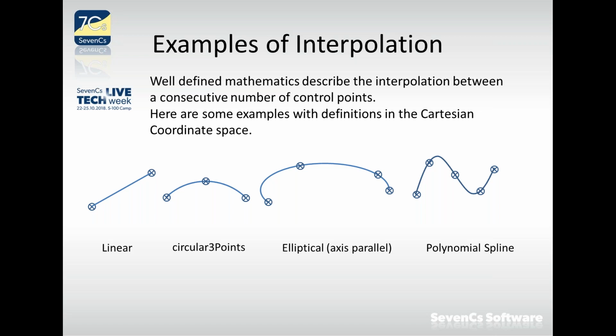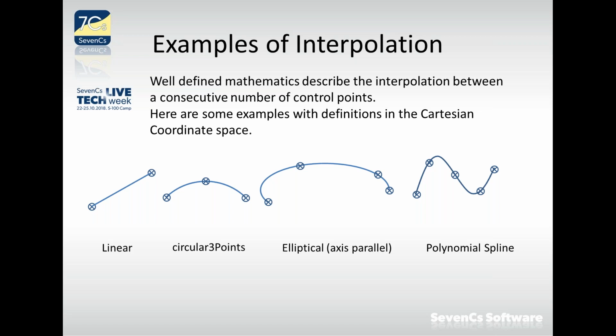In the first example, we have linear interpolation. That's relatively easy, and most people think about this when they think about interpolation, but that's not all. Another method is this circular 3 points interpolation, which means if you have 3 control points, they're defining unambiguously a circle. The next one is an elliptical interpolation. That means our interpolated points between the control points should form the part or the arc of an ellipse.